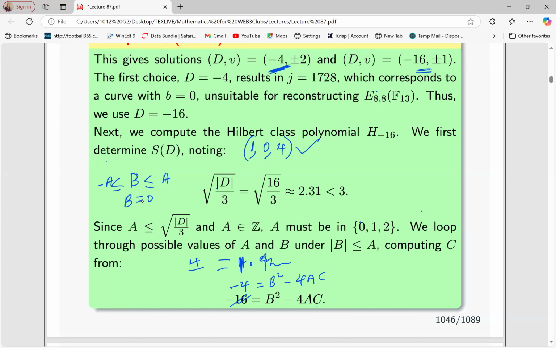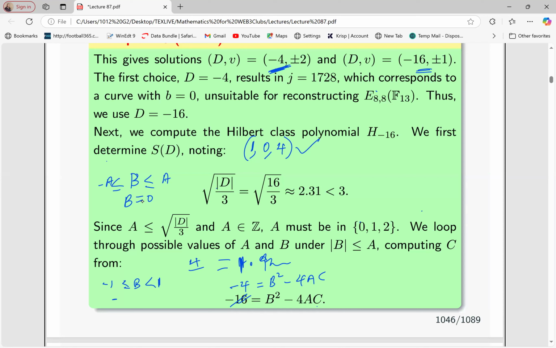So if A is 1, what is B likely to be? What is B likely to be if A is 1? B is supposed to be in the range negative 1 to 1. If A is 1, B is supposed to be in this range.